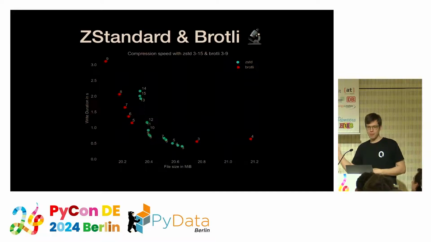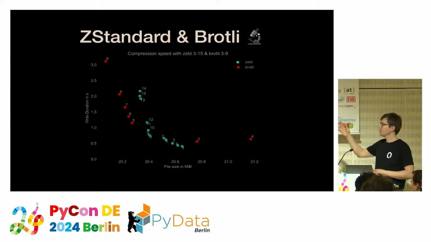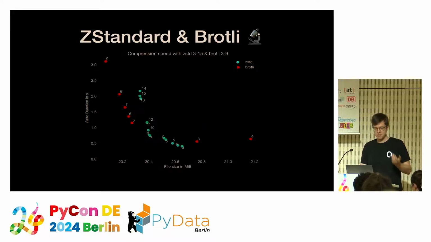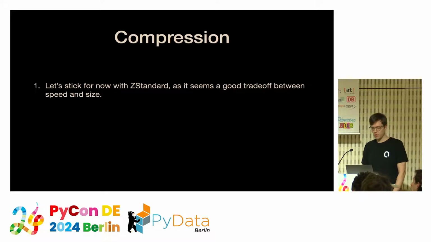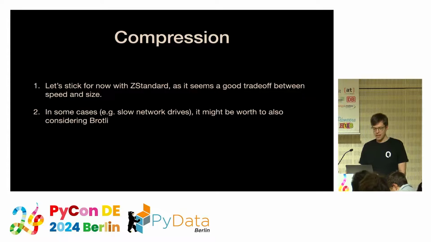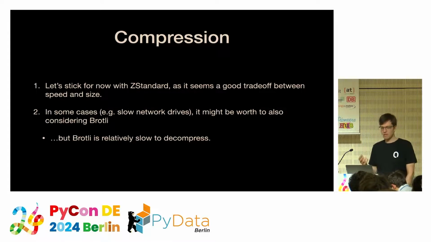And this is the case where maybe Brotli is much better, because in some cases it just writes fast and produces smaller files, whereas Zstandard is fast in reading. But if you don't expect to read the file, then just take the one which compresses better. But overall, I would say Zstandard is the thing to go for, because it gives you a good trade-off. And in some cases, small network drives or things you will never read again, take Brotli.